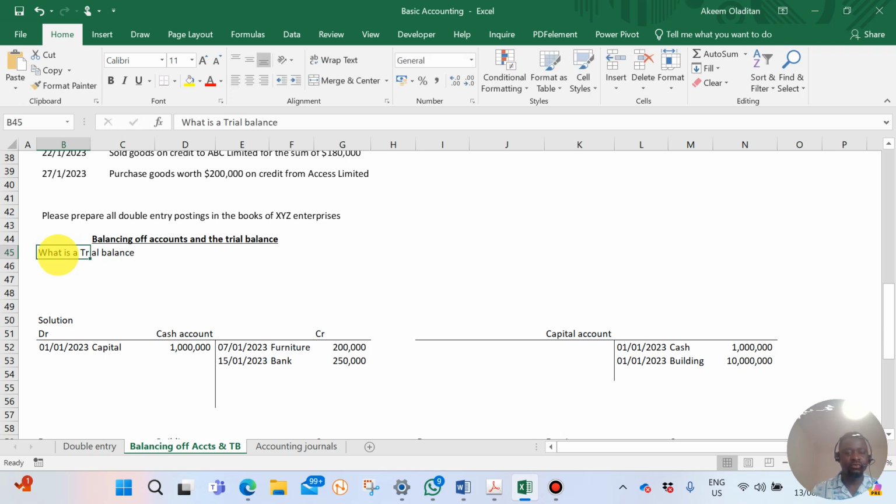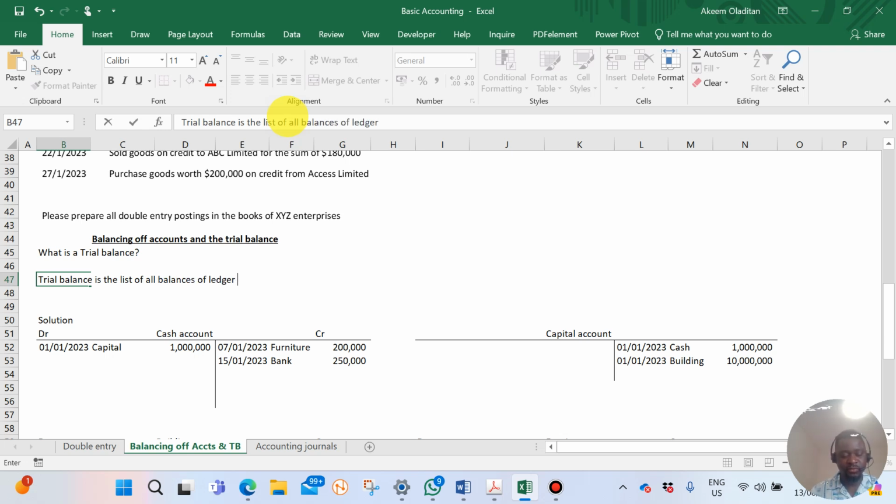To me, a trial balance is the list of all balances of individual ledger accounts.